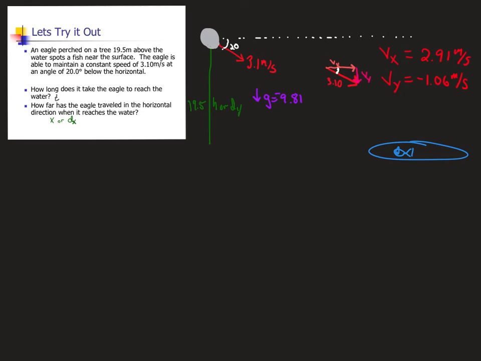In this case, the displacement would be going negative because you're at the top and you're falling, right? As the eagle goes down, it's 19.5 from the bottom.